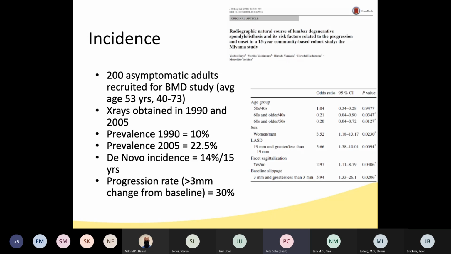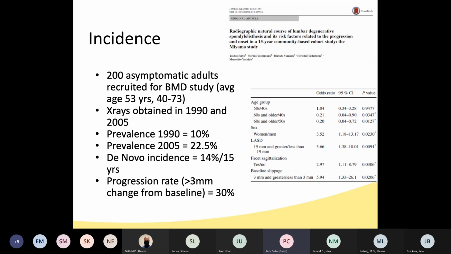In a study better designed to look at incidence and prevalence, across the Pacific Ocean, they recruited 200 asymptomatic adults and obtained x-rays in 1990 and in 2005. In 1990 the prevalence of spondylolisthesis was 10%, and in 2005 it was 22.5%. The de novo incidence during that 15-year period was 14%.